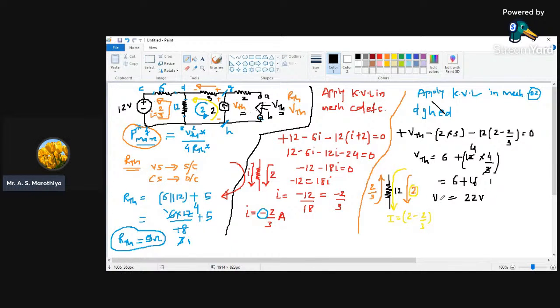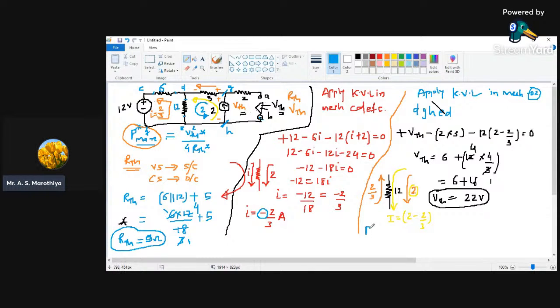Now the value of VTH which we got by solving this numerical is nothing but 22 volt, and previously we got the value of RTH as 9 ohm, and our objective is to calculate the value of maximum power that is delivered from this entire network to a connected load which we have connected between terminals A and B. So to calculate that, we need to apply the concept of the maximum power transfer theorem.